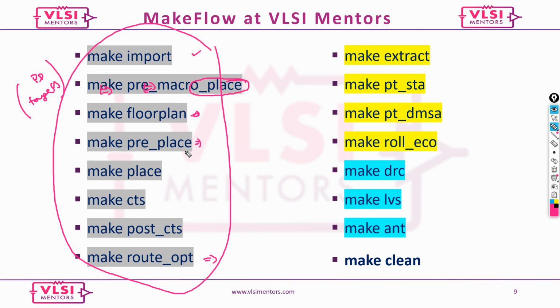For example, you have end cap cells, tap cells, IO buffers, spare cells, and you may have low power cells also placed over here. Then you perform your standard cell placement with the help of the tool, and then your clock tree. So it is all executed one by one.